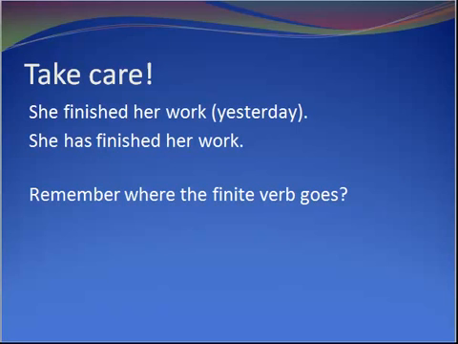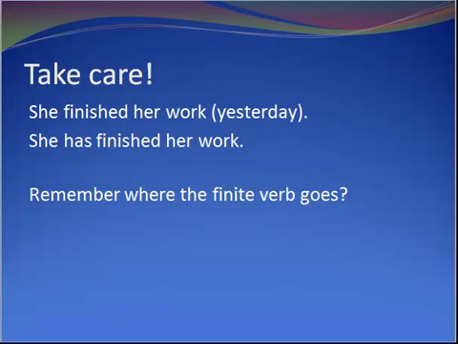Now in the second sentence there are two verbs, has and finished, and that means that the leftmost verb is has, and that must then be finite. And in fact, remember, has is the present tense form of to have. Past tense would be had.